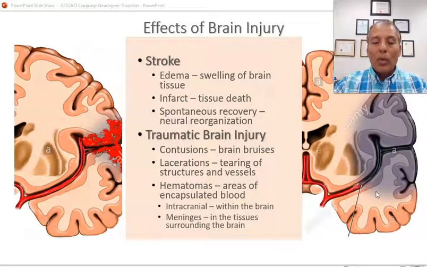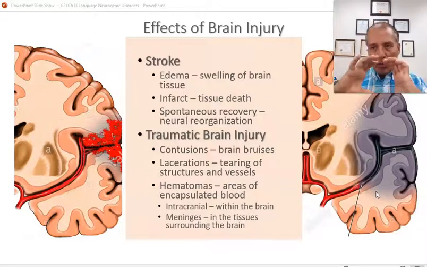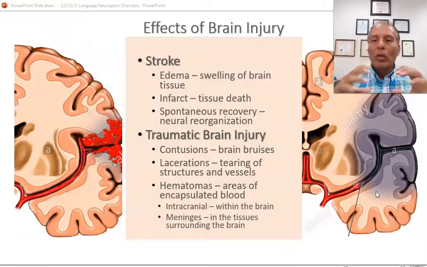But spontaneous recovery can go from weeks to almost 6 months or even more. It involves reorganization of pathways. So if you have a circuit and one member of the circuit is shut out, then you have other members inside of the circuit trying to reconnect and compensate for that.